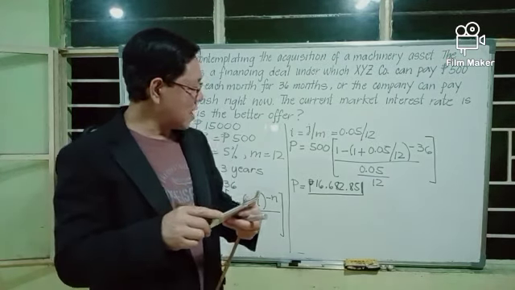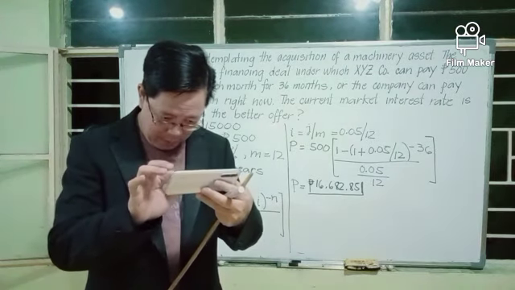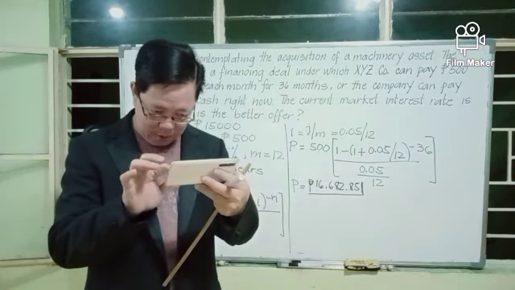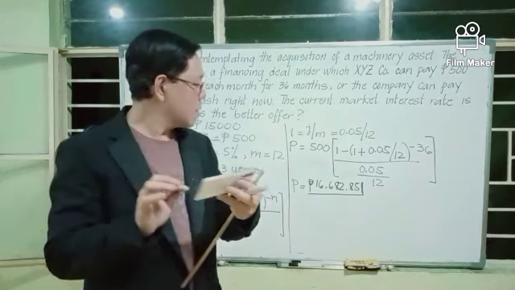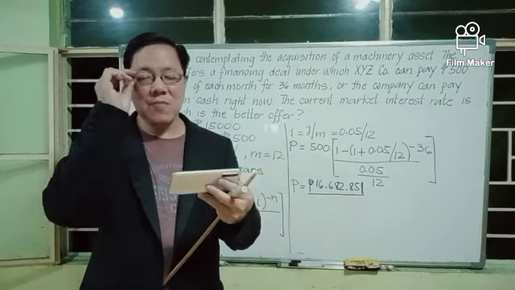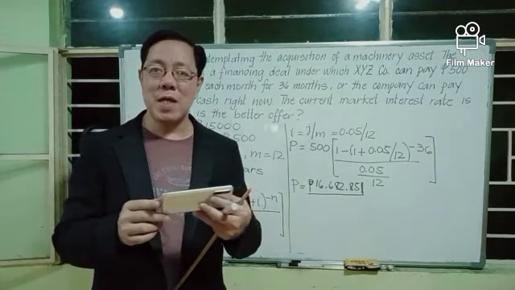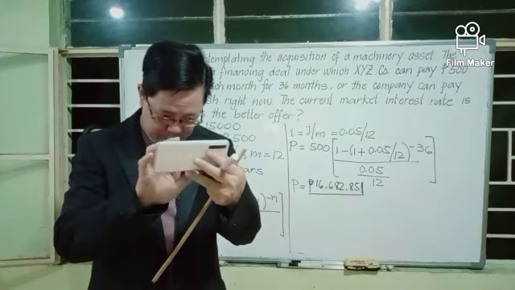Let me just check the answer. We have 1 minus 1 plus 0.05 divided by 12 to the power negative 36.